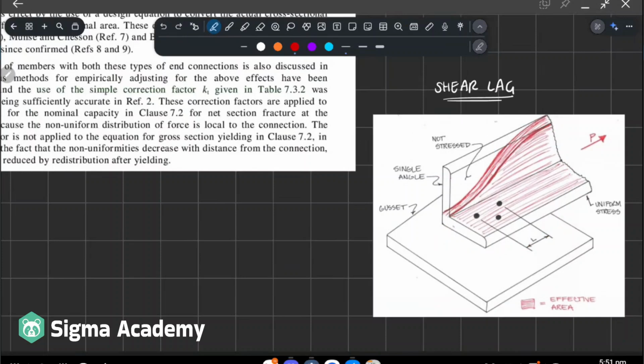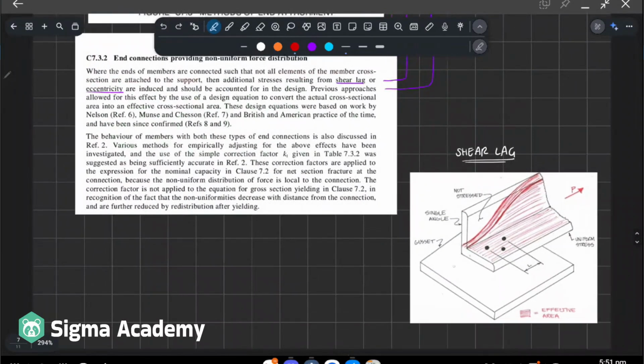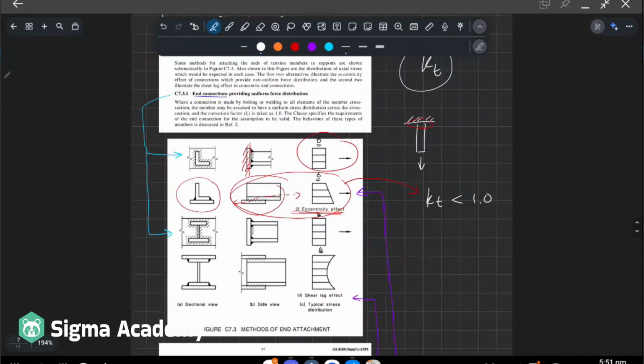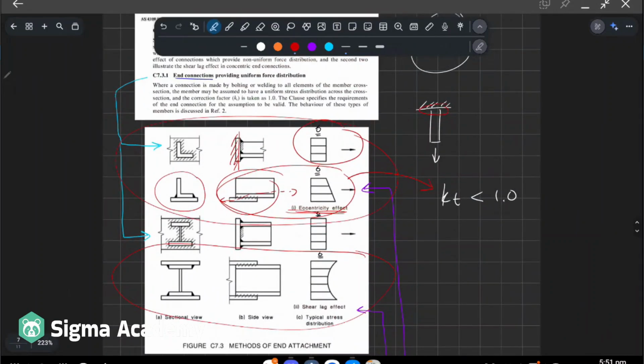If you think of it like a finite element model with all the rainbow colors, and the stress distribution, basically it'd be more stressed in these regions and less stressed over here. This is being pulled in tension, and because of that, you have to correct for it. It's going to have a less than 1 KT. So those are the two effects going on, the shear lag effect and the eccentricity effect.